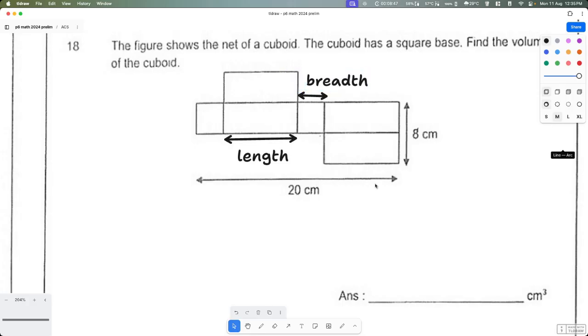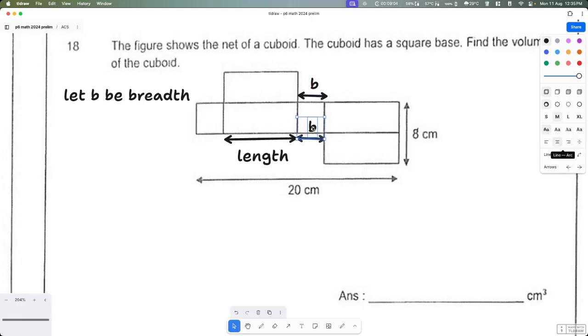I think we can make this a little easier to see. Let B be the breadth. So instead of breadth, we have B. I'm going to put it here. This is B, and this is also B over here.